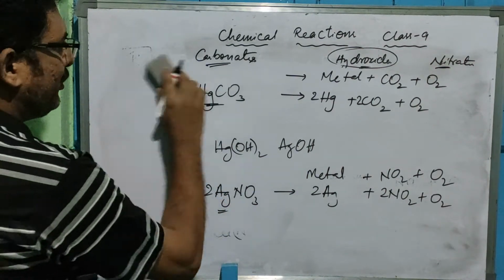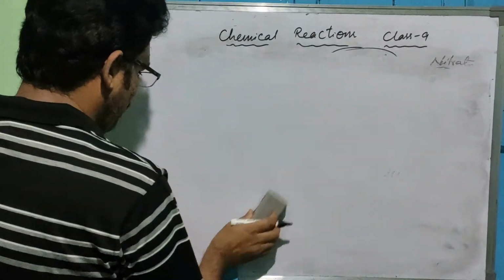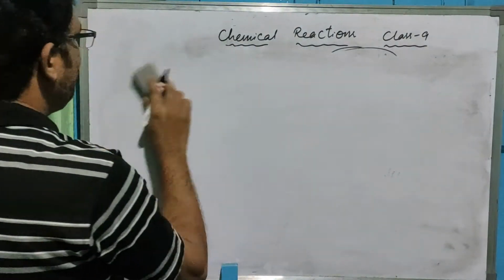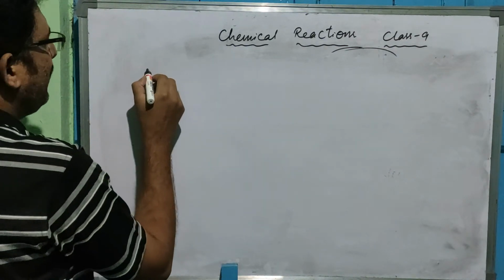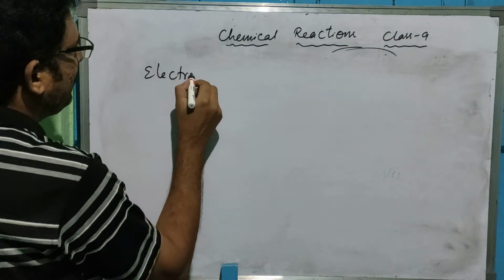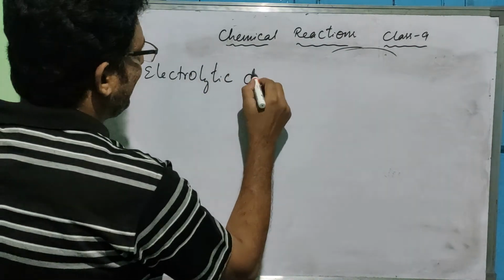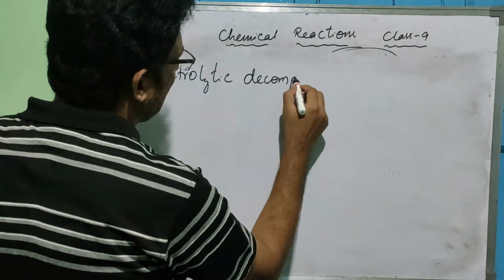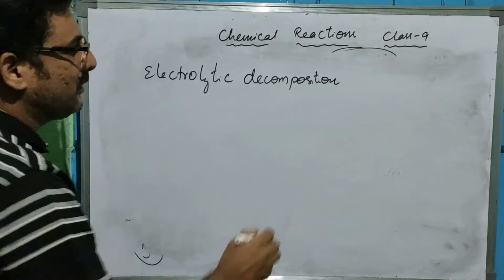Okay, so this is about thermal decomposition, which takes place on heating. Some compounds will decompose when electricity is passed through them. Such decompositions are called electrolytic decomposition reactions.